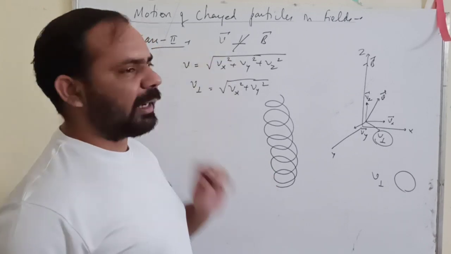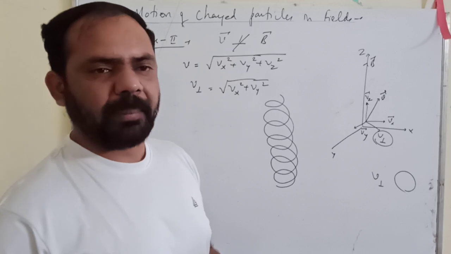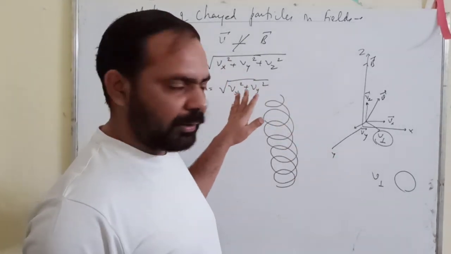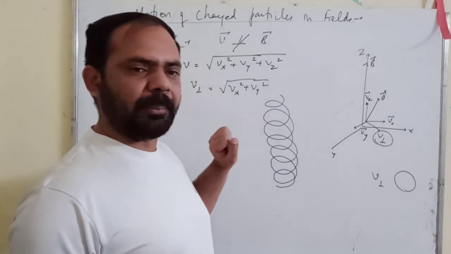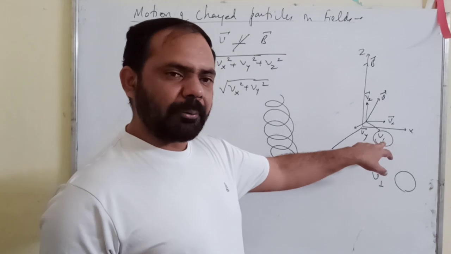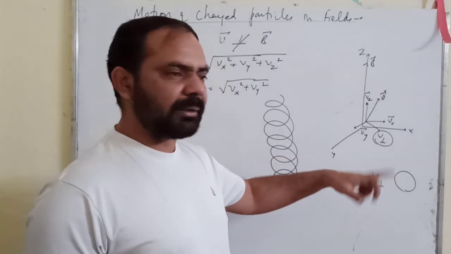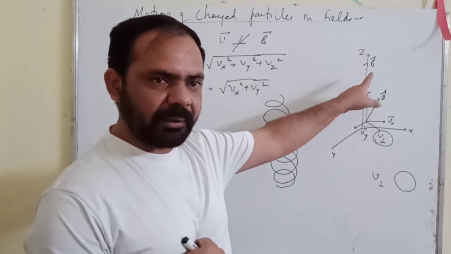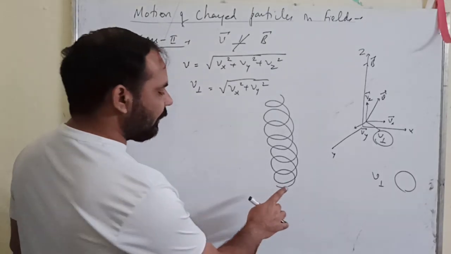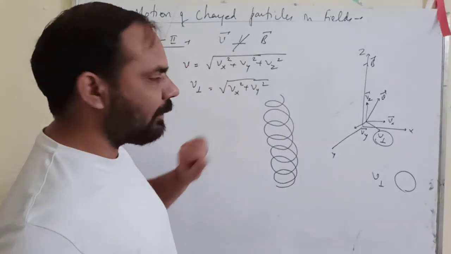So when a charged particle enters a magnetic field with a velocity which is not perpendicular to the magnetic field, it follows a helical path. There will be a perpendicular component that will revolve the charge on the circular path, as well as a parallel component which will take the charge along the direction of the magnetic field. So it will follow a helical path like a spring.